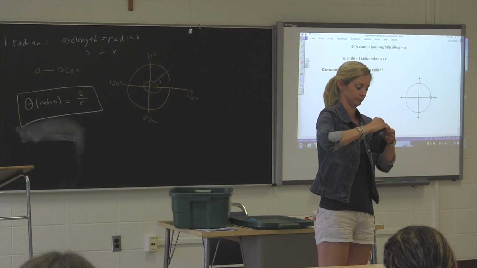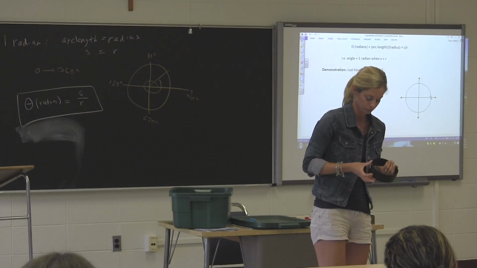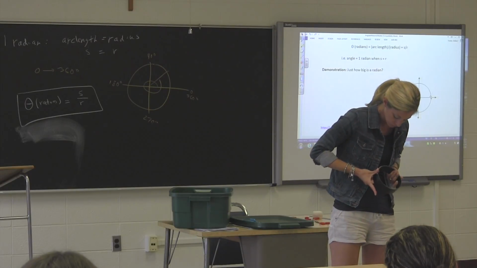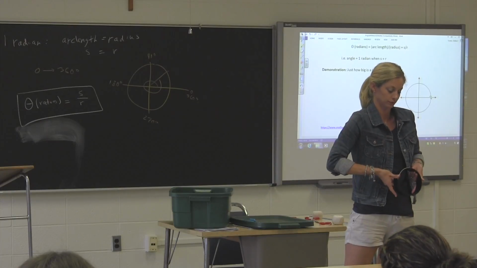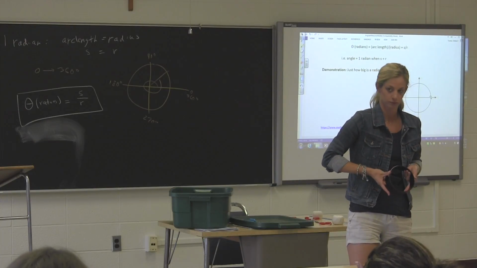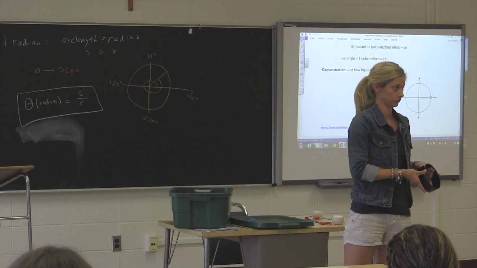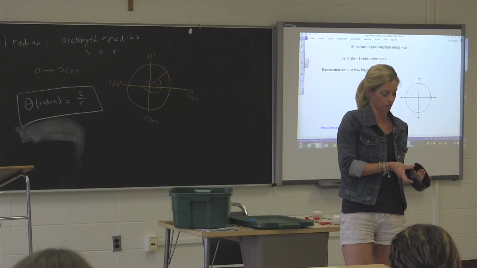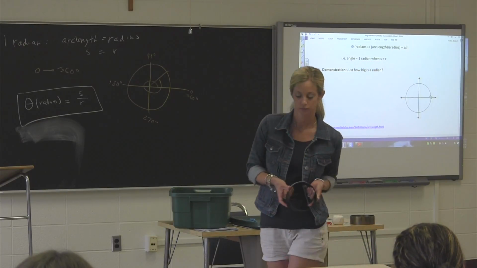Good. Okay, so it looks like it's close to half a circle. Is it all the way, I mean, is it 180 degrees, or is it more or less than that? I think it's a little less, just slightly less. Yeah, okay, good, very good.